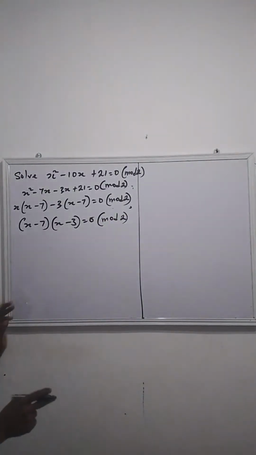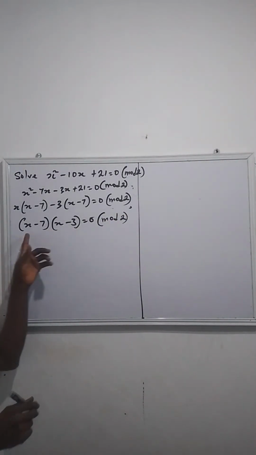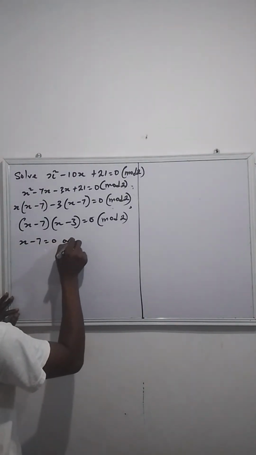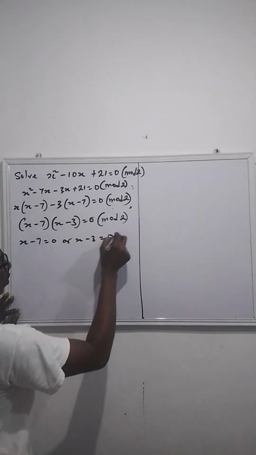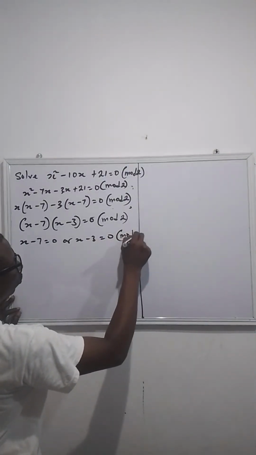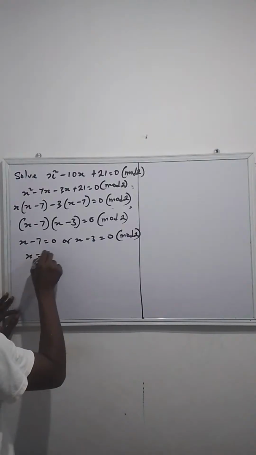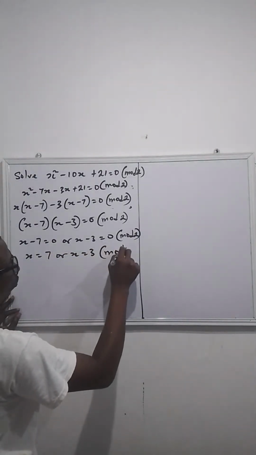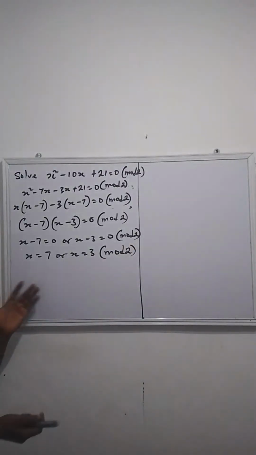We have two numbers multiplying each other to give 0, so either x minus 7 is 0 or x minus 3 is 0, all mod 2. So we have x equals 7 or x equals 3 mod 2. Look at these two answers now.